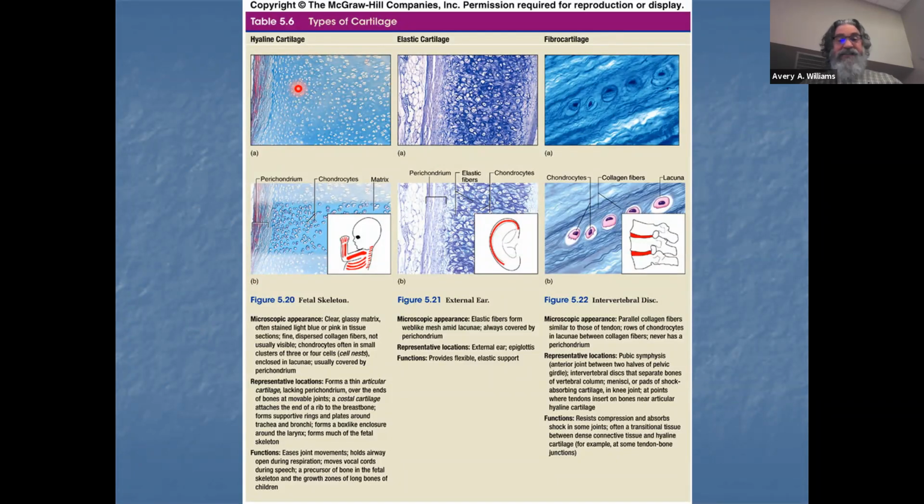What hyaline cartilage has, it's like the basic unmodified or most primitive form of cartilage, is it has a solid matrix. Remember, all connective tissues have cells, proteins, and a matrix, okay? Well, its matrix is solid.